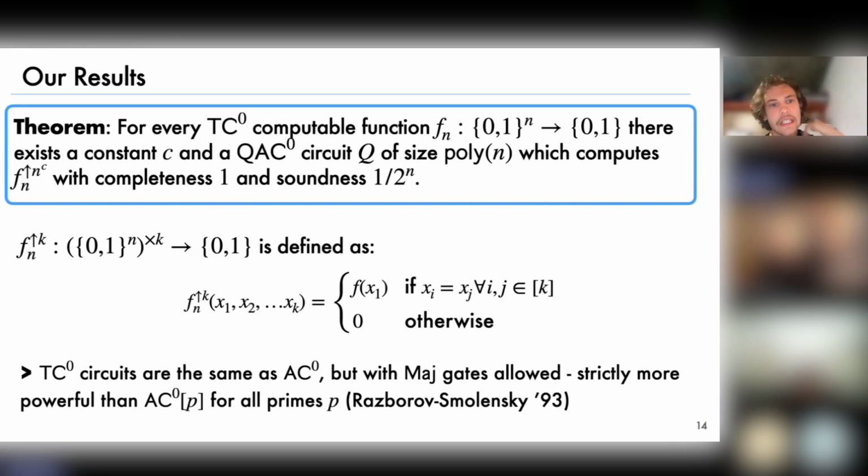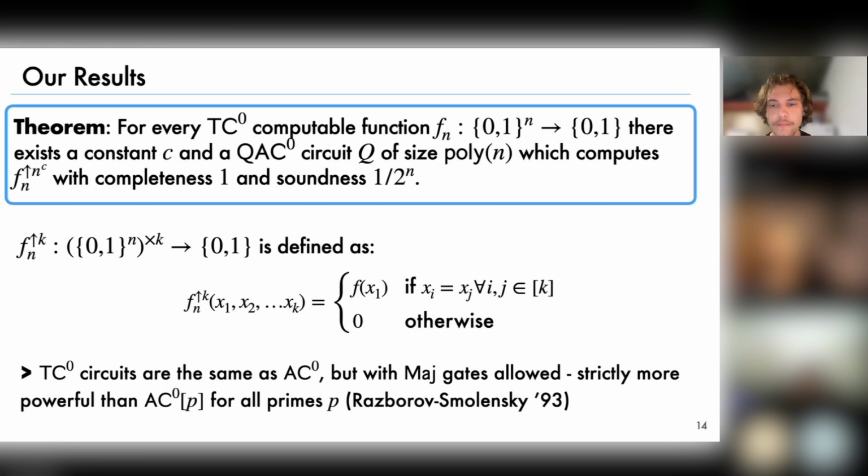So this is just to say that if I have some string that this function evaluates to 1 on, then our QAC0 circuit always matches that. It always outputs 1. But if I give you a string for which f evaluates to 0, then our QAC0 circuit gets it right with probability 1 minus 1/2^n.